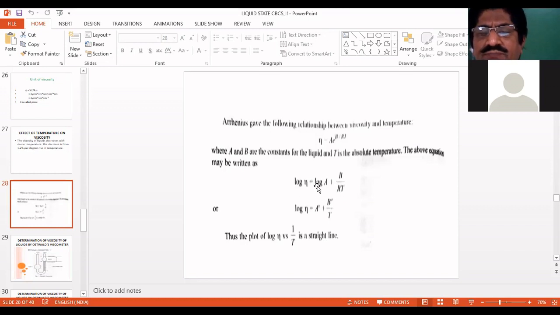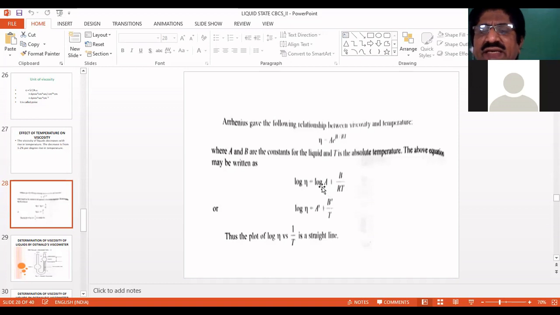This is a straight line equation, and I think everybody knows the straight line equation: y equals mx plus c. Here y is log eta, x is 1 by T, m is B by R, and c is log A. Log A is the intercept, and B by R is the slope.